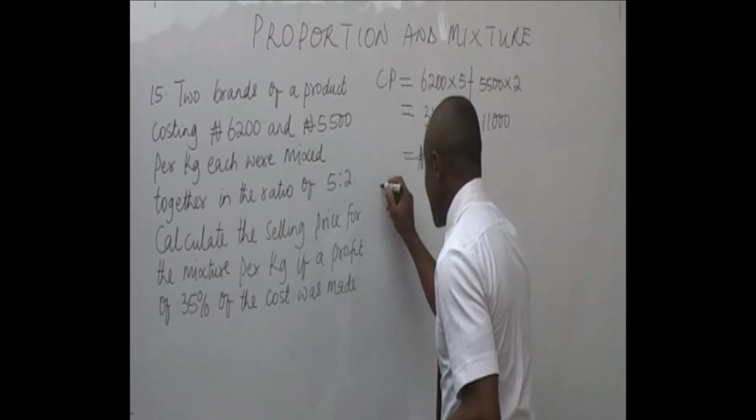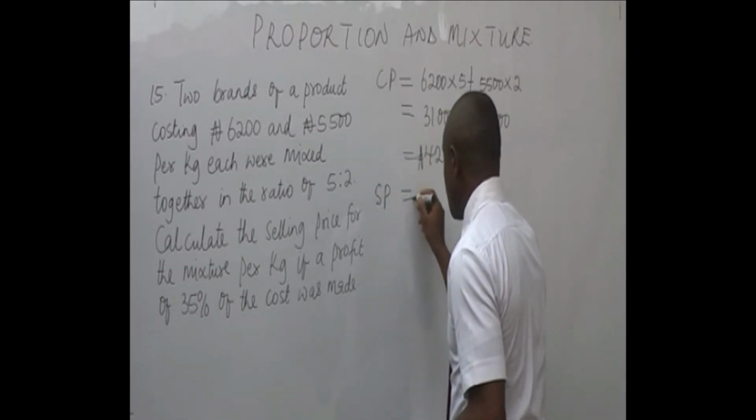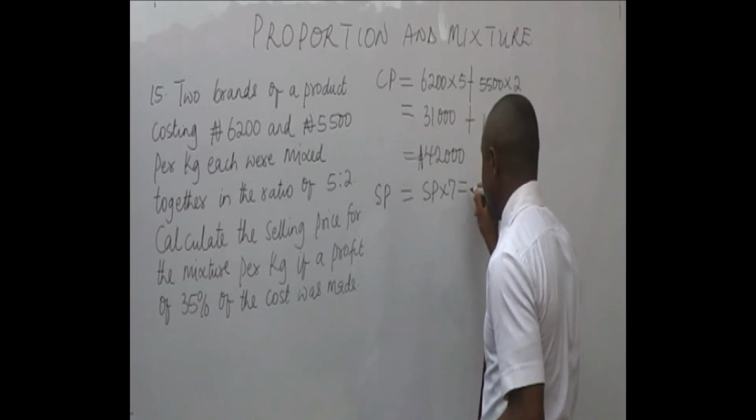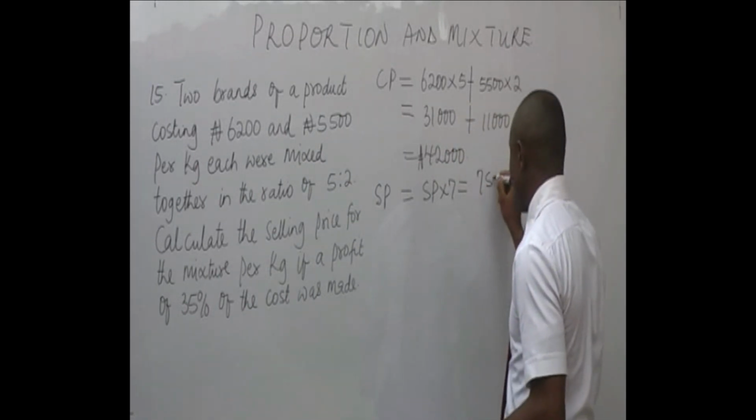So our selling price now is going to be selling price times 7, which is 7 SP.